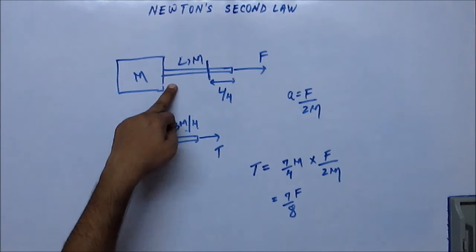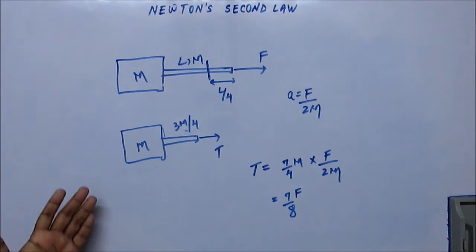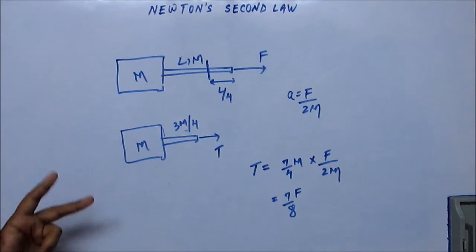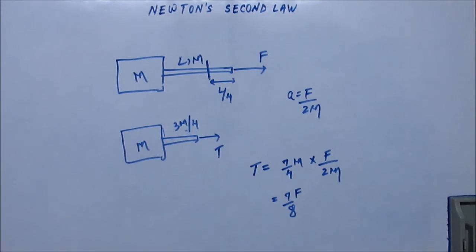Had the string been massless, then as you keep on going left, the mass is not going to change, so the required force has to remain the same. So the tension will remain the same. So the tension remains same only in case of massless string. If the string also has mass, then the tension will decrease as you go to the other end. Okay?